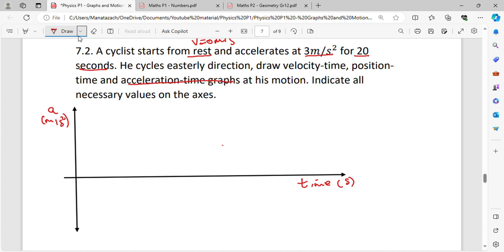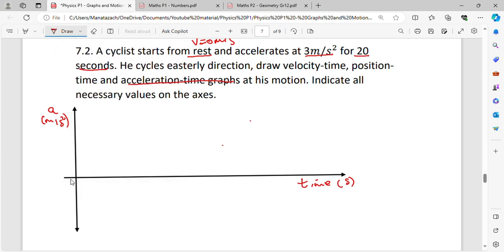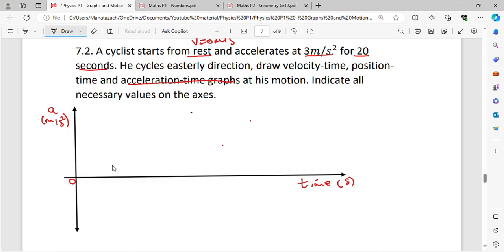Okay, let's use a black color for plotting. So here we'll have 0, and then the time is 20 seconds.